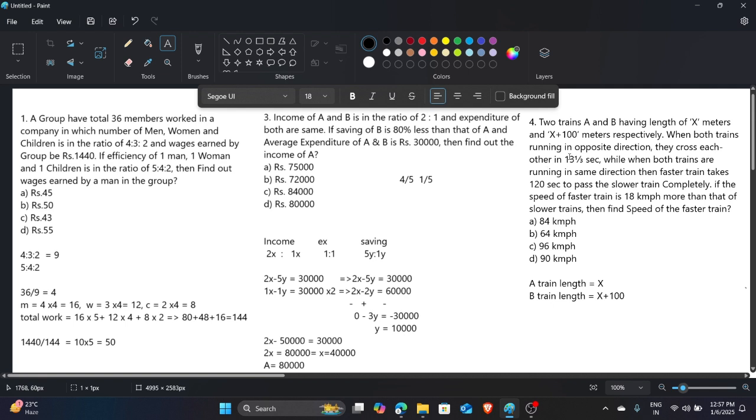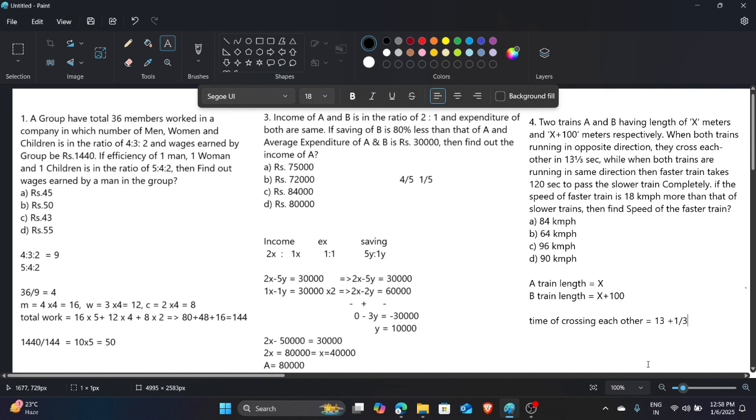When both trains are running in opposite directions, the time of crossing each other is 13 plus 1/3 seconds.